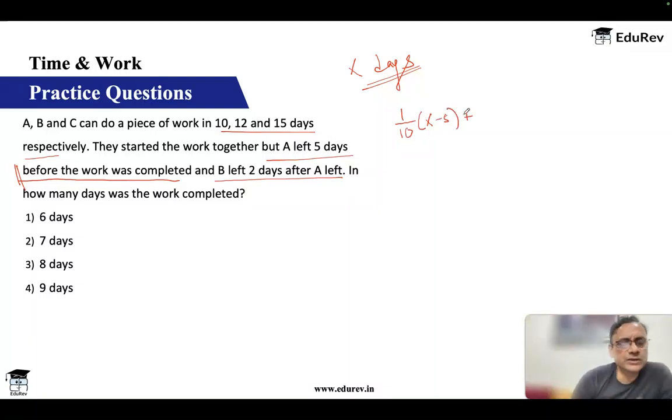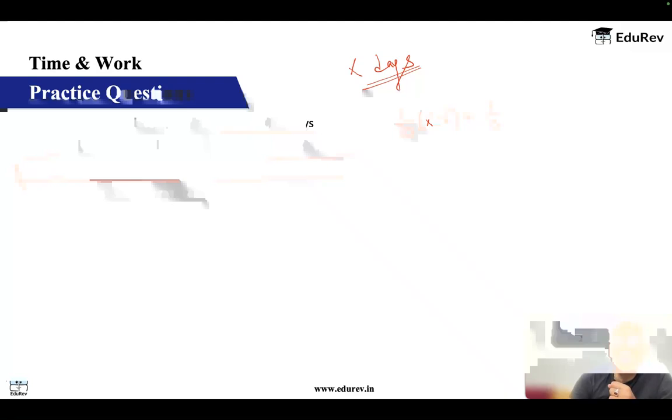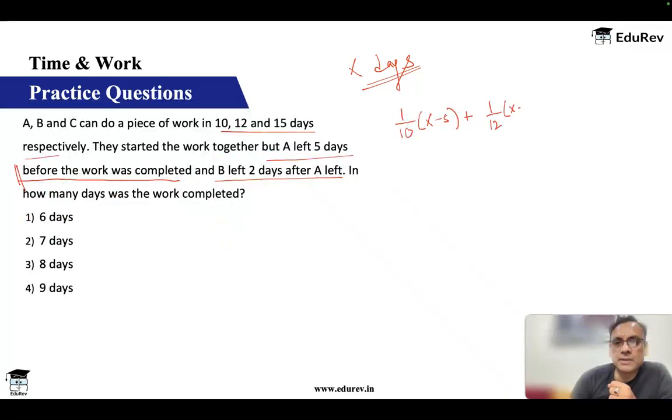Okay, better to look at all of them separately. B left 2 days after A left. That means B left 3 days before the work was completed. You know, A left 5 days before, B left 2 days after. That means B left 3 days before the work was completed, and B does 1 by 12 in a day. So 1 by 12 into x minus 3.